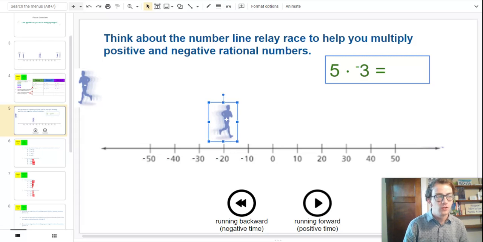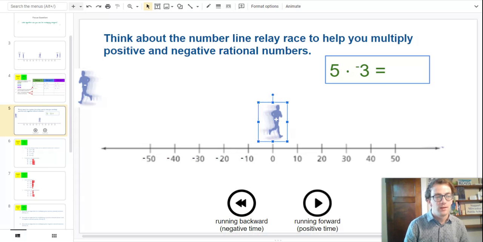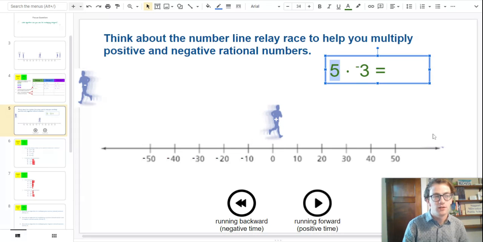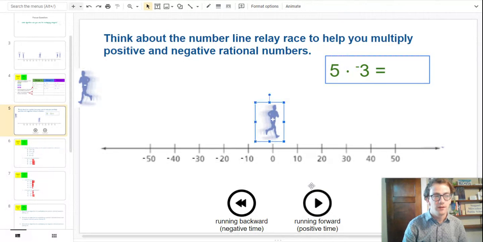Okay, so in review, the first number tells us how far they go in what direction. The second number tells us for how long, and either pressing play or rewind. So if for every second that goes by, he runs 5 more meters, and we want to see where he was 3 seconds in the past, then I'm going to press rewind and watch.